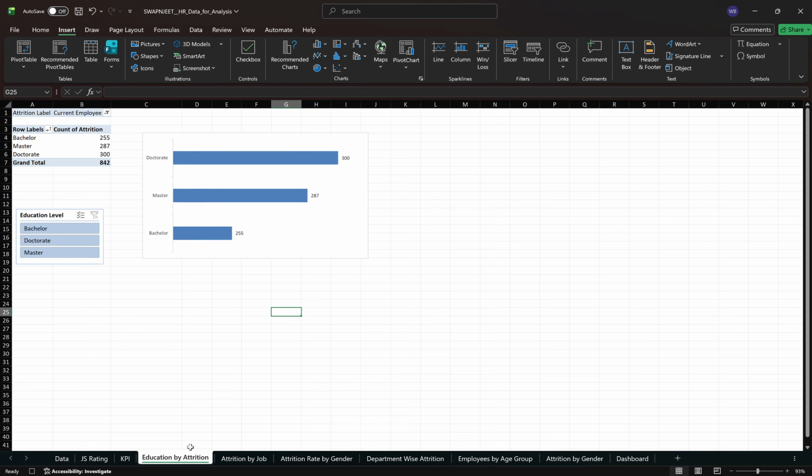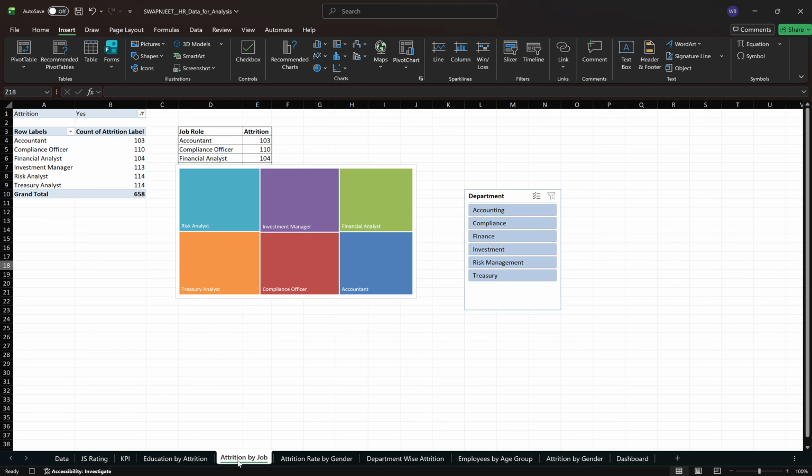Education wise, we have seen that total bachelor's attrition is 255, the master's is 287, the doctorate is 300, a grand total of 842. Here we will also determine a number of percentages as well.